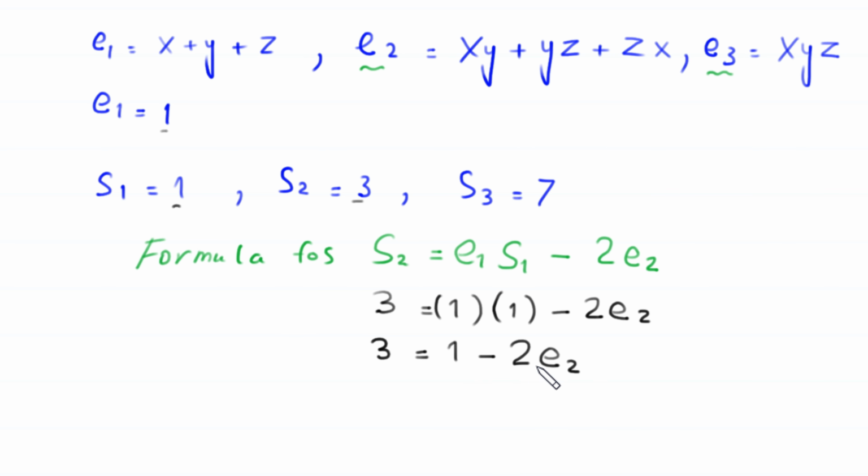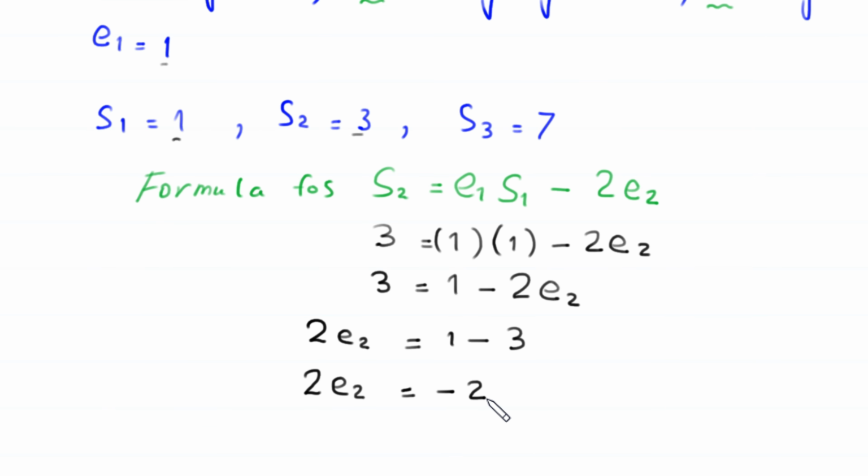Moving the negative 2 times E2 to the left-hand side and the 3 to the right-hand side, this becomes 2 times E2 is equal to 1 minus 3, that is, 2 times E2 is equal to negative 2. If we divide both sides by 2, this implies that E2 is equal to negative 1.